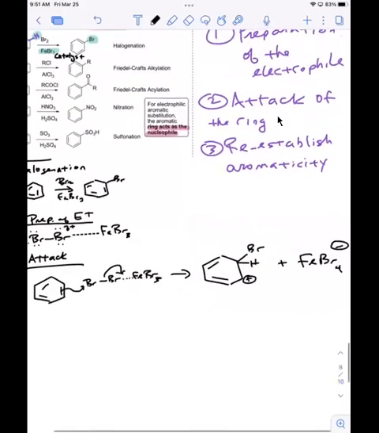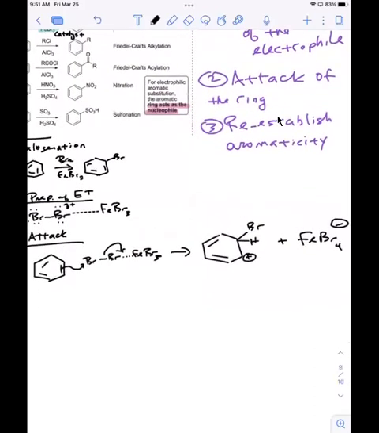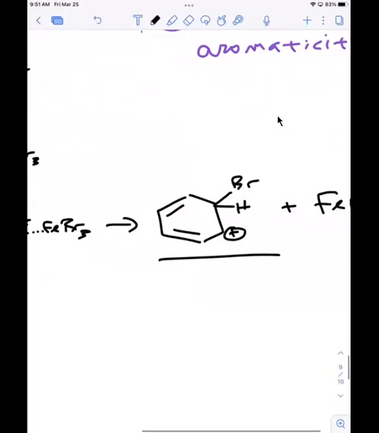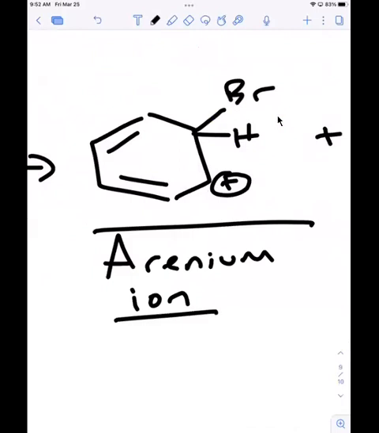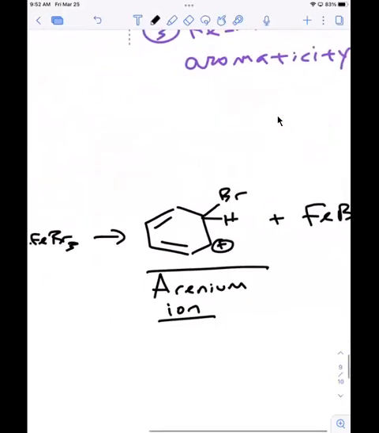The iron tetrabromide is now negative, and then you get this cation, which we're going to call an arenium ion. Right, that's common to all of these electrophilic aromatic substitutions. Is this arenium ion? All right.